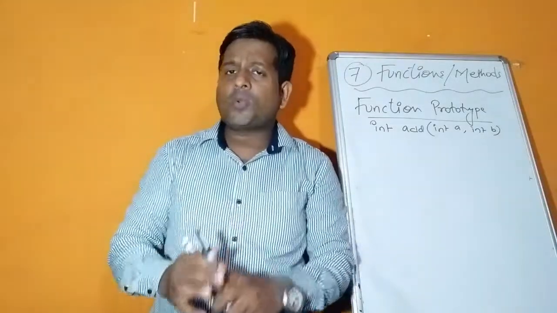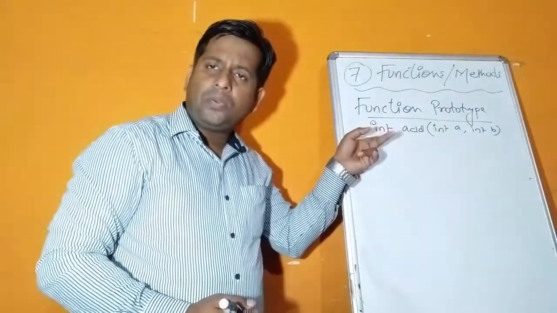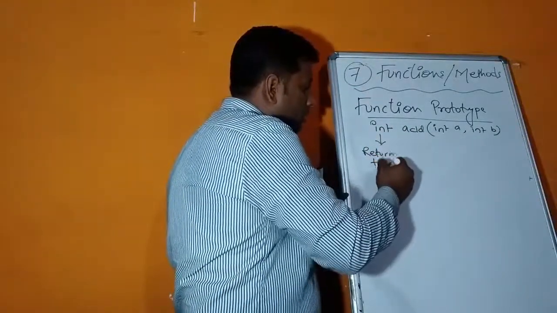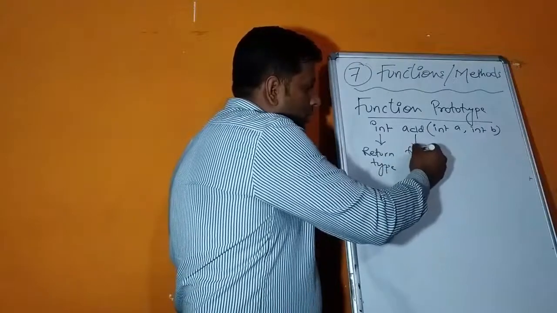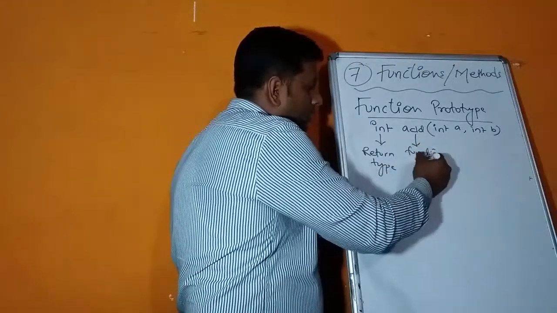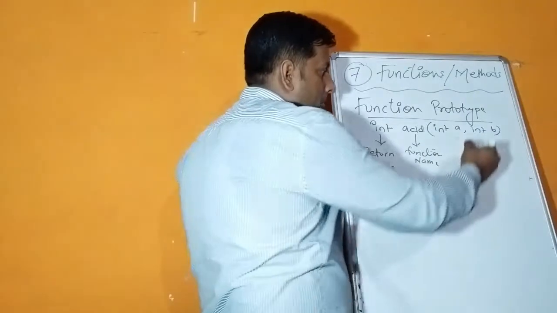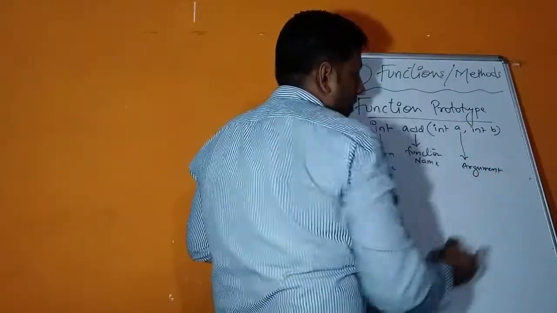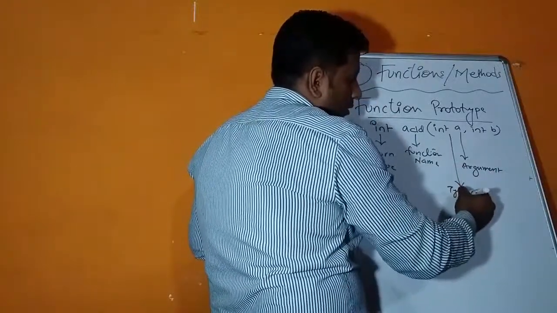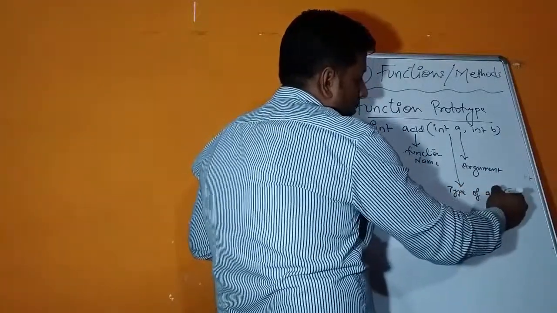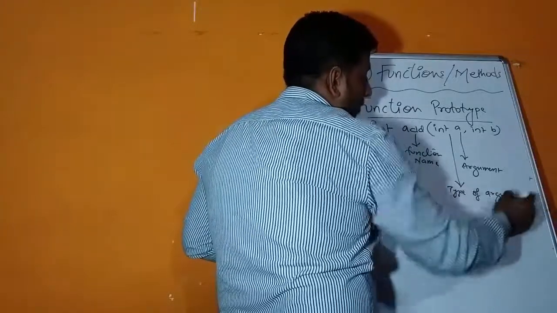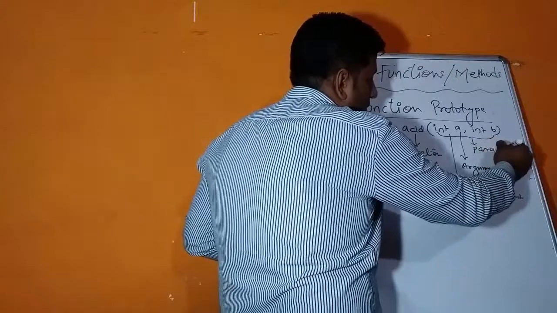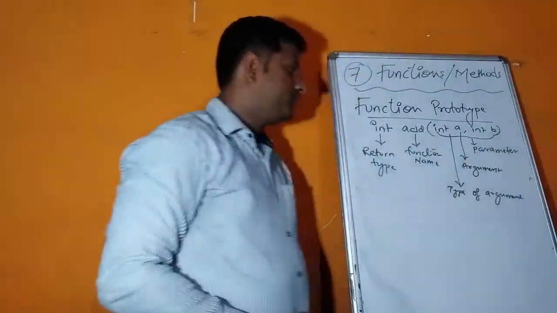Reason, what information does it provide us? It provides us the return type, function name, argument type, and this total part is known as parameter.